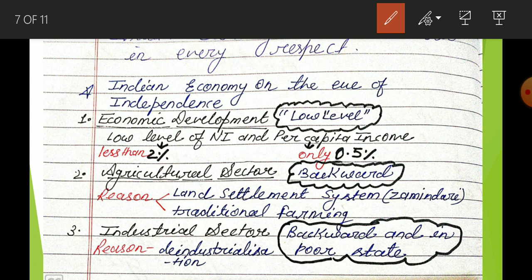In the same way, if our economy is performing very poorly in every sector, not in double digits but at 1% or 2%, then we say this is a backward economy. Stagnant means no current, no flow.